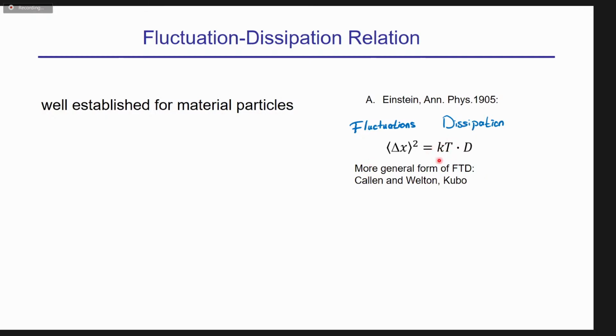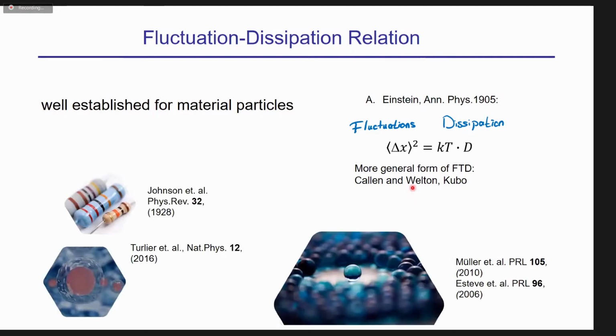So the relation is given by k_B T, a proportionality factor of the thermal energy, simply the reason being that the fluctuations are driven by thermal energy. There's a more general form by Callen, Welton, and Kubo. And there were lots of experiments in the last century, starting with predictions of Johnson on the Johnson noise of resistors, for example.